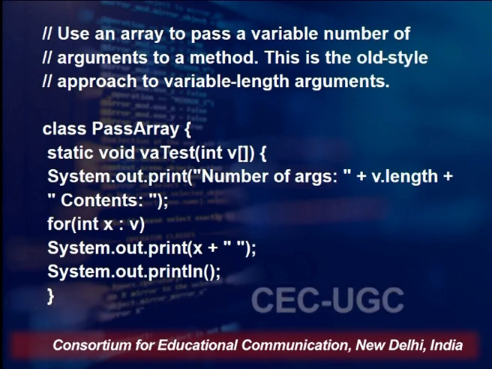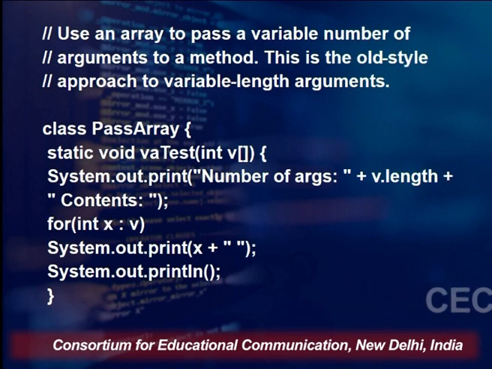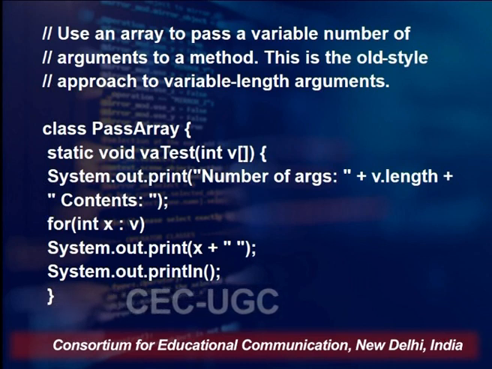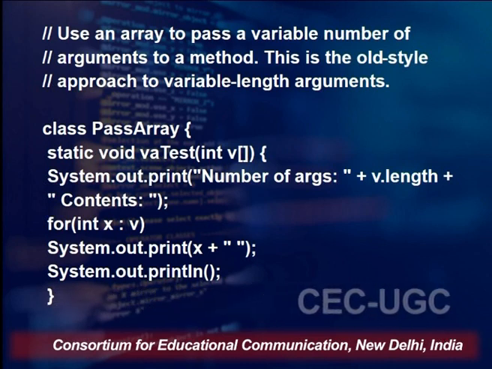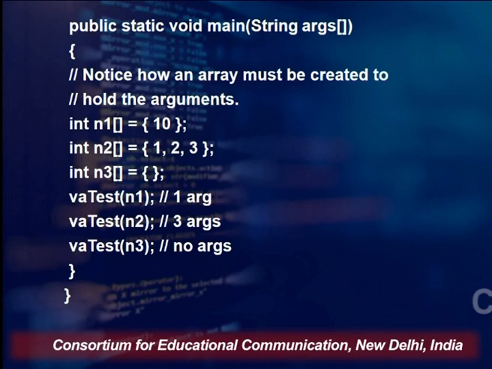So, basically within a class we have one static method, and inside that method we use this integer array. This integer array is created in order to hold the arguments. For example, n1 is an array with one element, 10, n2 is an array with 3 elements, and n3 is an array with no elements.